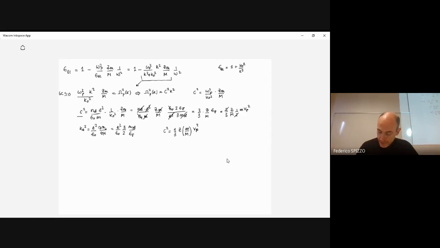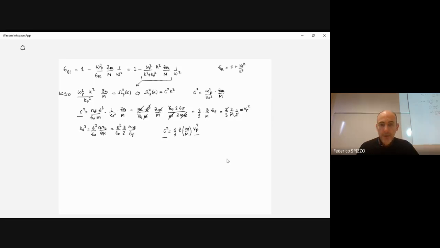If you notice here, on this side, you have the speed of the phonon in the system in the low k approximation. On this side, you have the speed of the electron at the Fermi level. The coefficient Z is in general of the order of unity, 3 again of the order of unity.